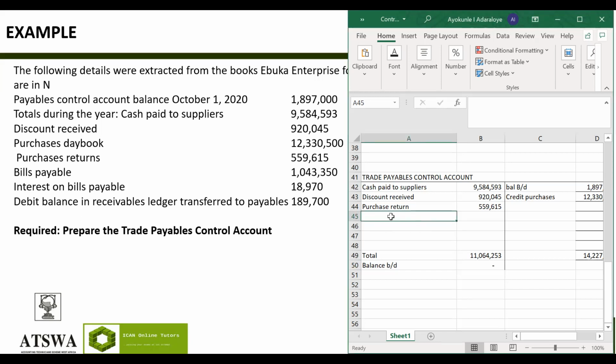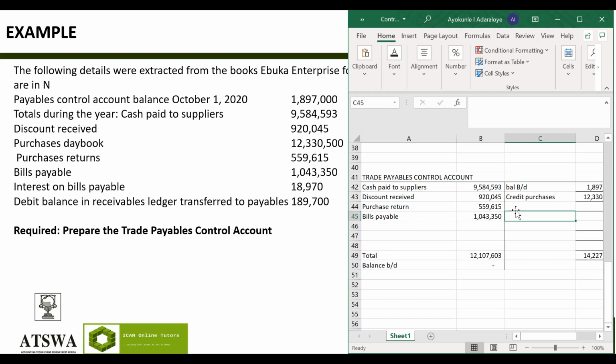Debit side or credit side? Debit side. But you are getting this thing now. So did you miss one figure? 1,043,350, right? Yes, sir.